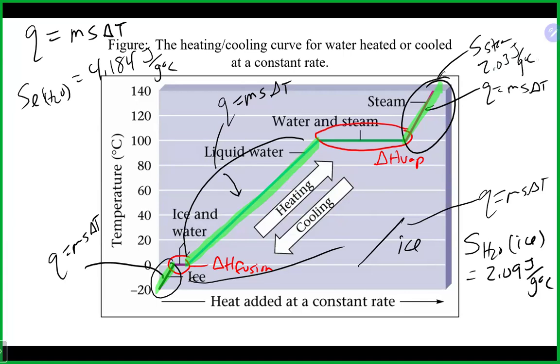So it's a very common error that people make to roll with that 4.184 for the whole thing. Again, 4.184 is liquid water. If you happen to be in the ice region of this graph, you need to use the specific heat capacity for ice. You want the right number. So that's a common thing. Any questions on that?